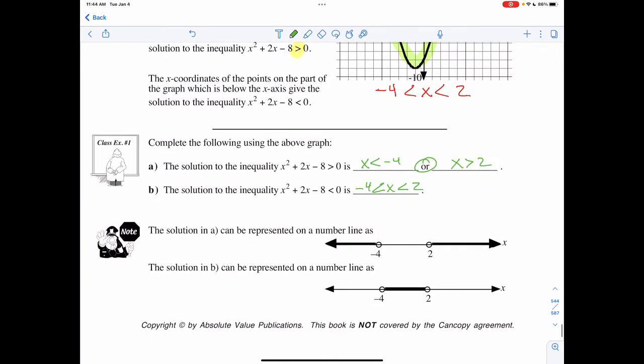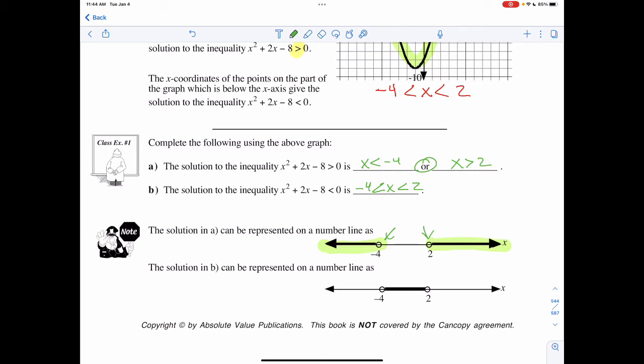We can see that the first solution can be represented on a number line showing that it is greater than 2 or less than -4. And don't forget we're using those open circles to indicate that there is no equal sign. So it's not true when it is equal to -4 or 2, but as soon as it is greater than 2 or less than -4, like 2.001 or -4.001, then it's true.